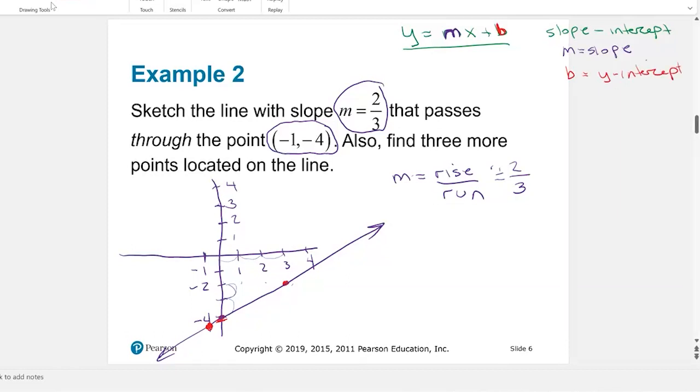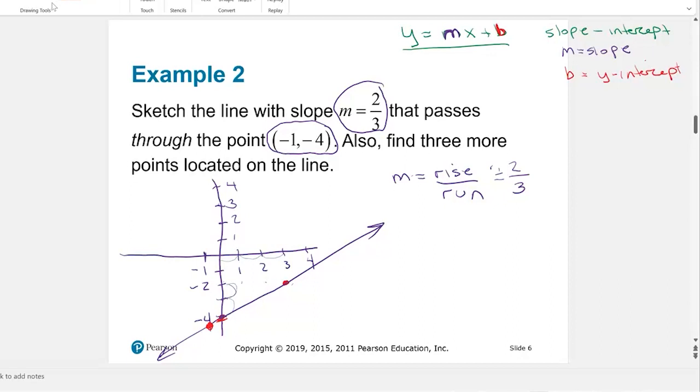Because if I put in x = 0, mx disappears, and I just get y = b, which is the value when x = 0, which is the y-intercept. Okay, so here's the only problem with that. I don't actually have the intercept.